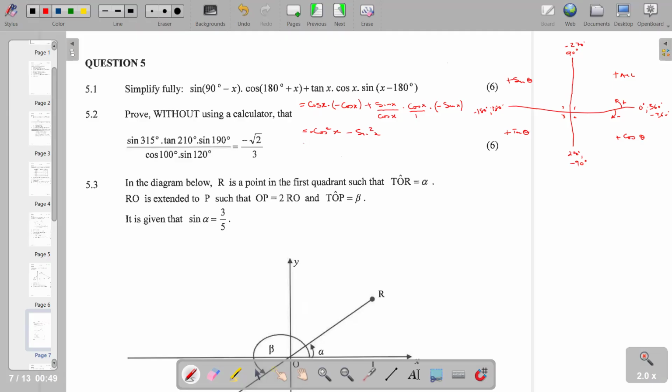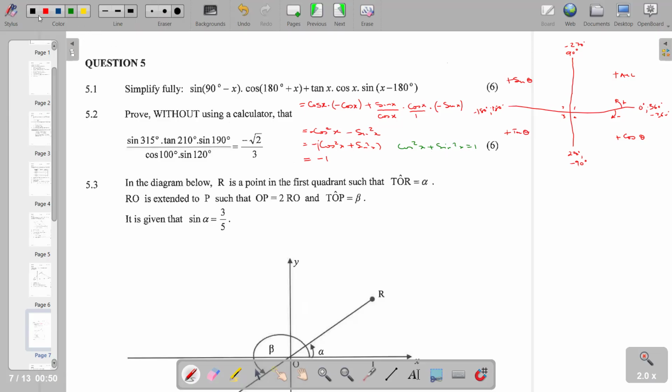When you factor out the negative, it's negative (cos squared x plus sine squared x). And we know the identity cos squared x plus sine squared x is equal to 1. So our final answer is equal to negative 1. It's the identity that we applied here to get an answer of negative 1.